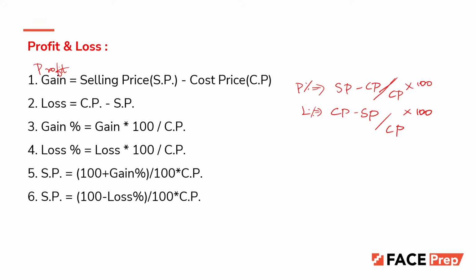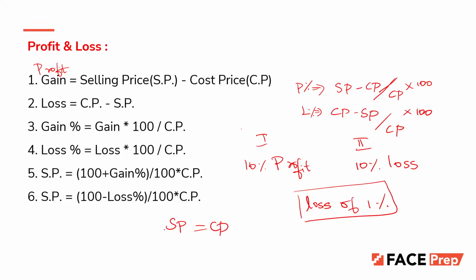One more thing which you have to remember, it's a small shortcut or a trick which we can apply. If two products are sold and on one transaction you may get 10 percentage profit, and on the other 10 percentage loss, right?